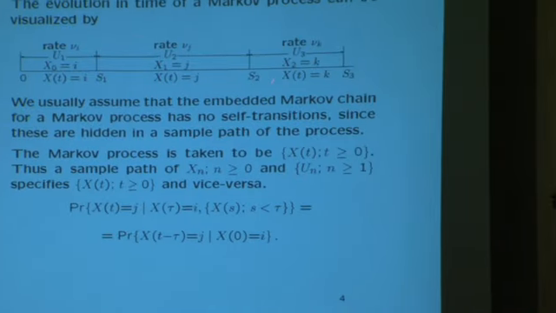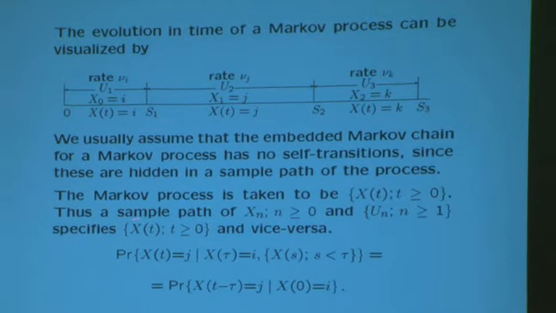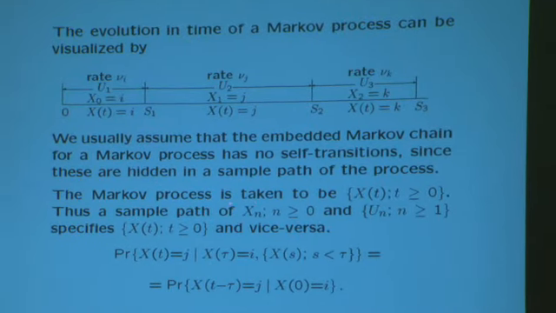Okay, aside from that issue of these self-transitions, a sample path of each of these x sub n, x sub 0 equals i, x sub 1 equals j, x sub 2 equals k, plus the holding times specifies what x of t is at each instant of time. And if you know what x of t is at each instant of time, that tells you when the transitions are occurring.